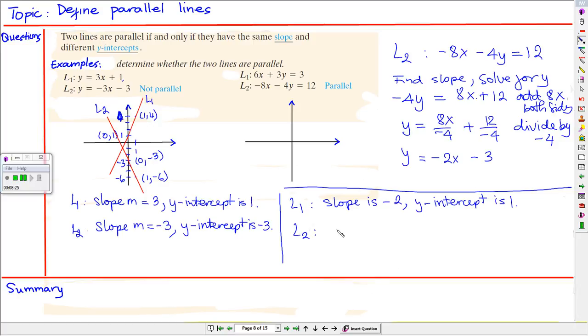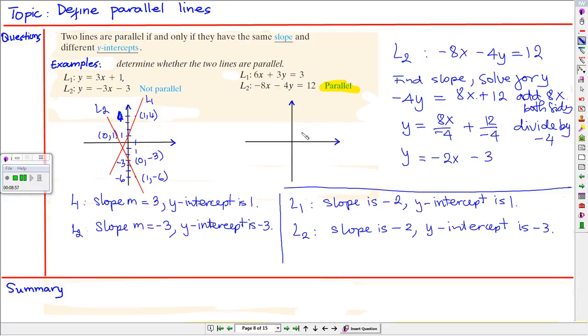So for line number 2, the slope is negative 2 and the y-intercept is negative 3. Now we can see that we have the same slope and different y-intercept, so we can conclude that they are parallel.